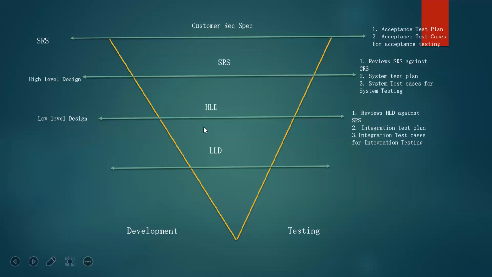So the next phase is going to be the low level design. So here is where the coding starts. Here we are again just going to compare the low level design and high level design, and we can't do anything with respect to the coding. So we'll just create our functional test plan, and we'll also create our functional test cases for each and every module.